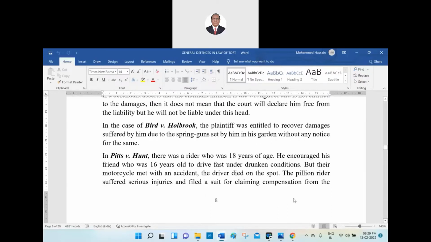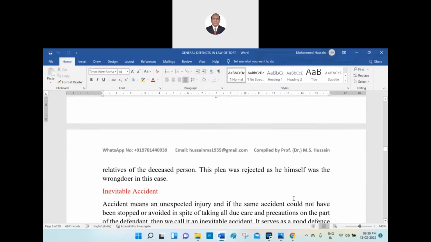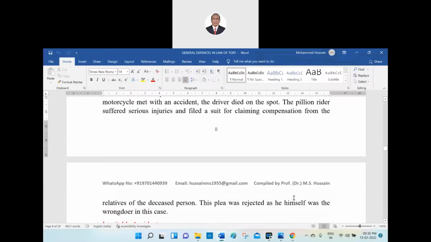The pillion rider, meaning the person who sat at the back, suffered serious injuries and filed a suit claiming compensation from the relatives of the deceased person. This plea was rejected as he himself was the wrongdoer in this case. Why are they not entitled to get any compensation? Tell me.